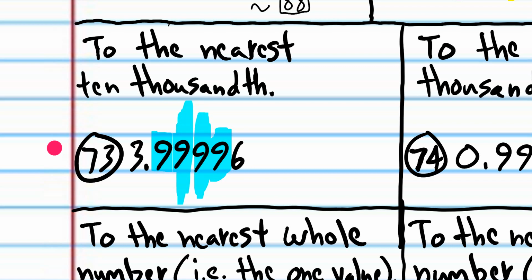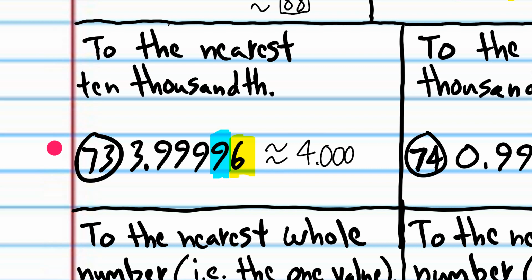So thousandths place, and so on and so forth. All right, so this is the 10,000th place. The 6 tells us to round up, but we got a bunch of 9s, so we just have to keep going all the way till we get to the 3. And the 3 rounds up to 4, and all the other numbers become 0.